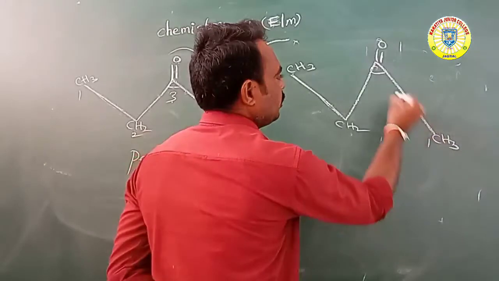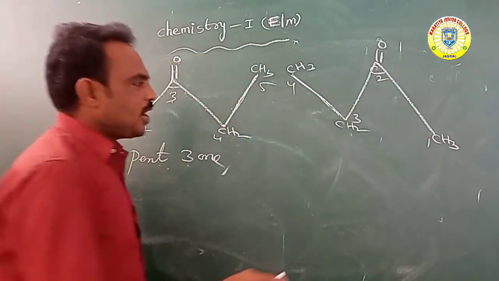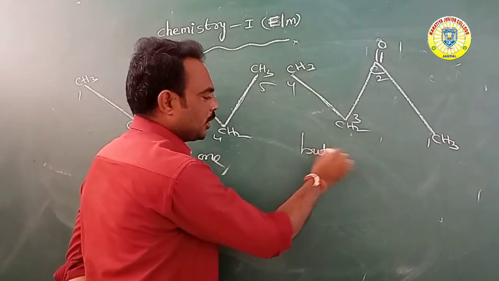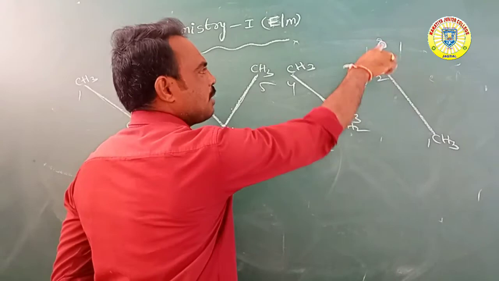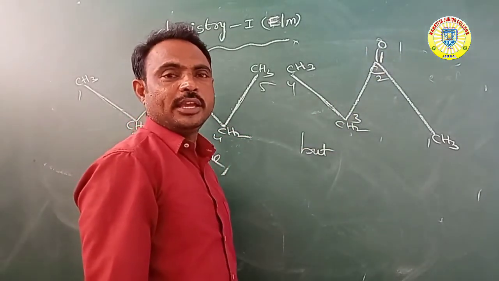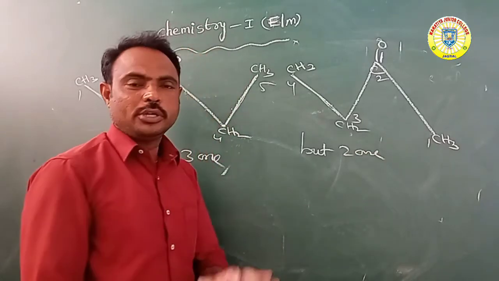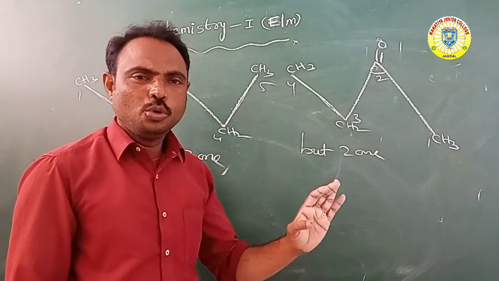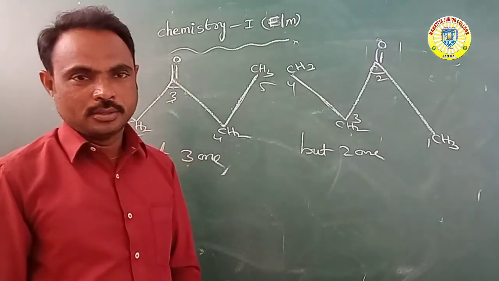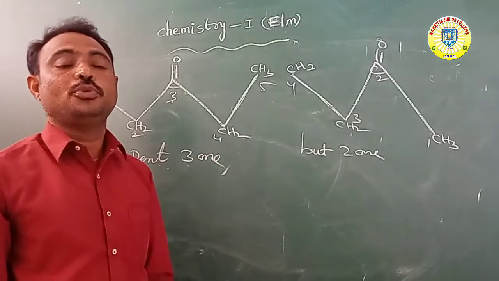So we number 1, 2, 3, 4. First we write but-, 4 carbons. Next, the second carbon is attached with the ketone functional group, so 2-one. But-2-one, or another name, 2-butanone.